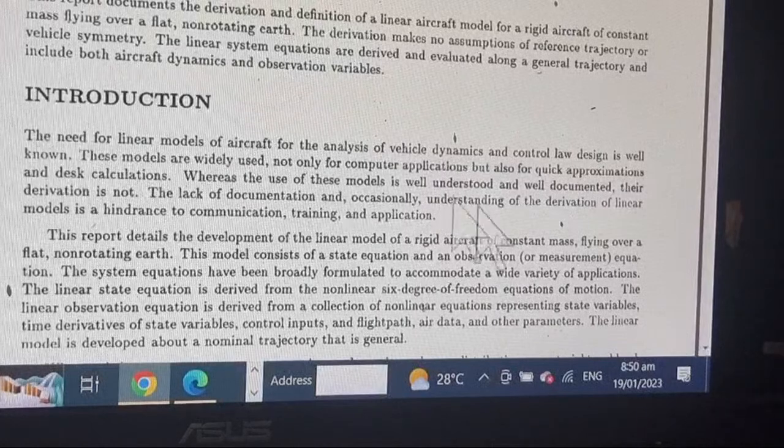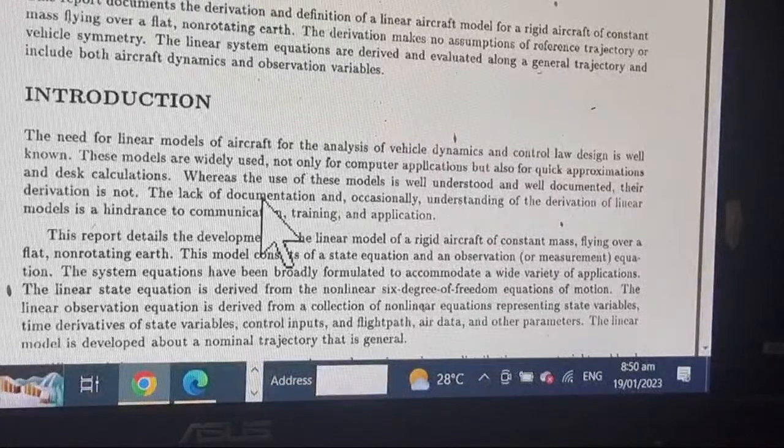I'll read the whole paragraph again. The need for linear models of aircraft for analysis of vehicle dynamics and control law design is well known, period. These models are widely used, not only for computer applications, but also for quick approximations and desk calculations, period.